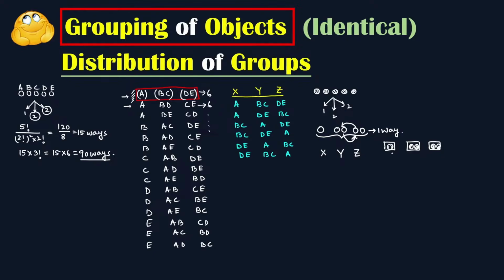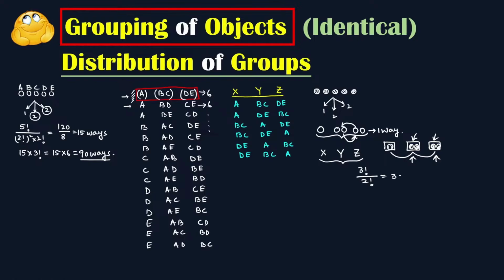So in how many different ways can these three groups be distributed among these three people? It will be factorial 3 divided by factorial 2, because these two groups are identical, because they have the same number of balls. You cannot distinguish the two balls in this group from the two balls in this group. They are identical. Therefore, we have divided by factorial 2.